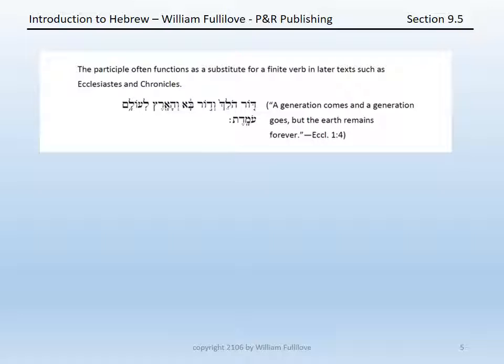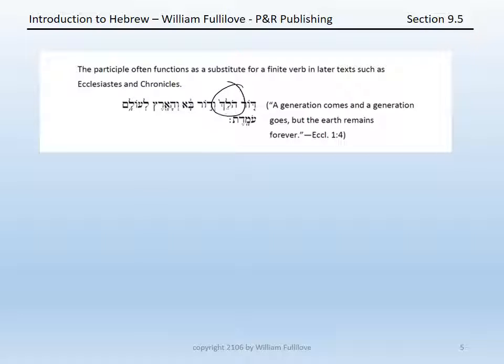In relatively late texts, texts that are understood to have been written later in time, it is often the case that the participle will function as a substitute for a finite verb. For example, from Ecclesiastes 1:4, we have dor holek vedor ba, veha'aretz le'olam omadet.